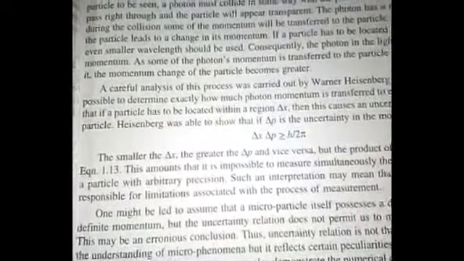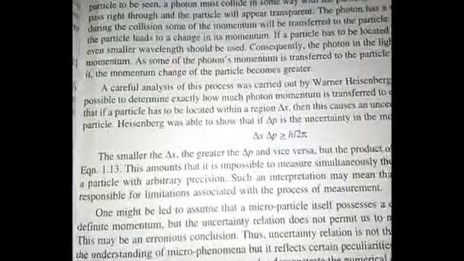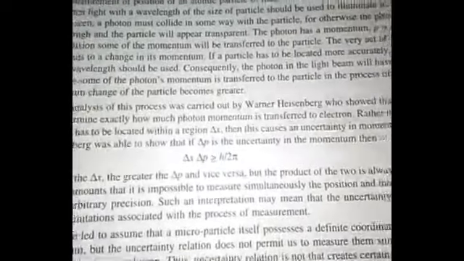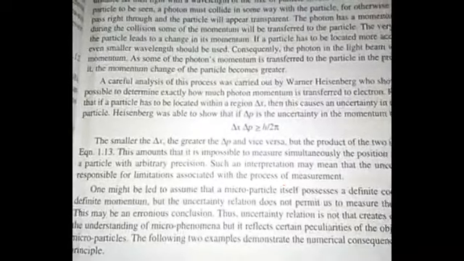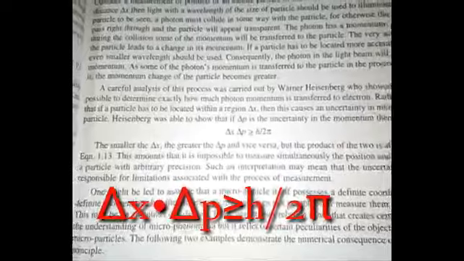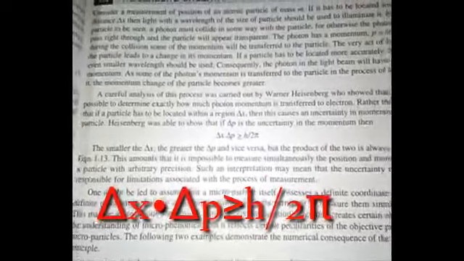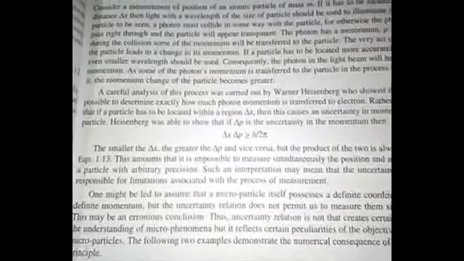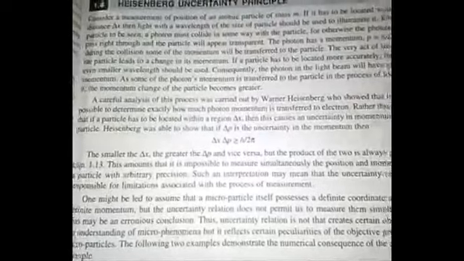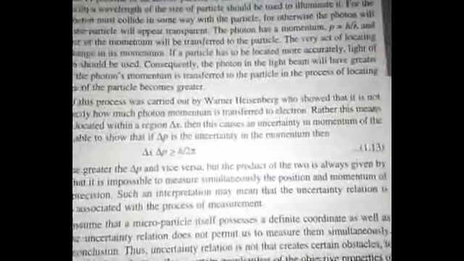A careful analysis of this process was carried out by Werner Heisenberg, who showed that it is not possible to determine exactly how much photon momentum is transferred to the electron. Rather, this means that if a particle has to be located within a region del x, then this causes an uncertainty in the momentum of the particle.